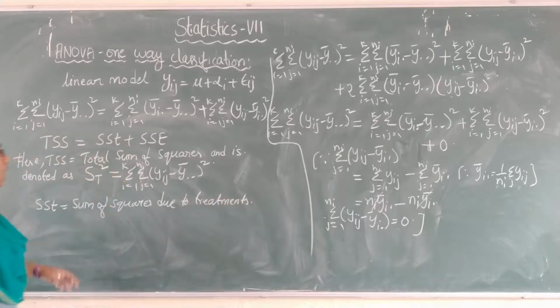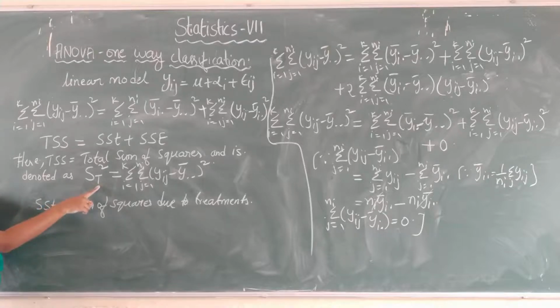Since to avoid confusion between the T's, here total means T and treatments also are denoted with T. So for total we write capital T, and for treatments we write small t.